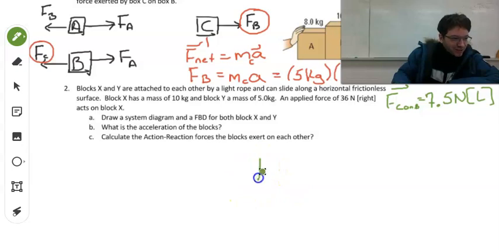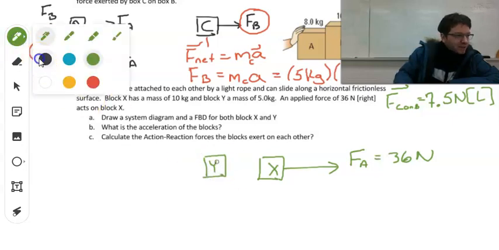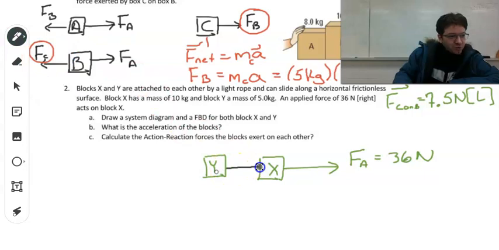So let's draw this. Here we have block X, which has some applied force, like this, which we know is 36 newtons. And we have block Y over here, and they're attached to each other with some rope, like that.